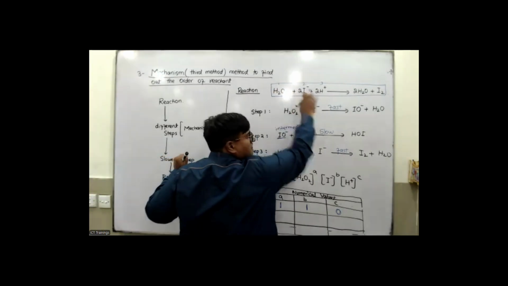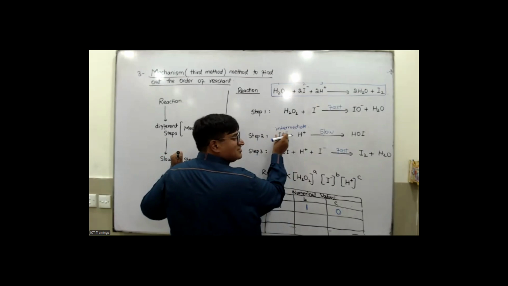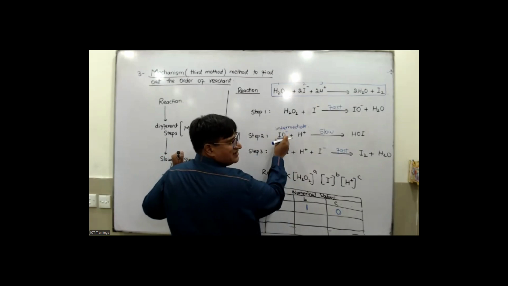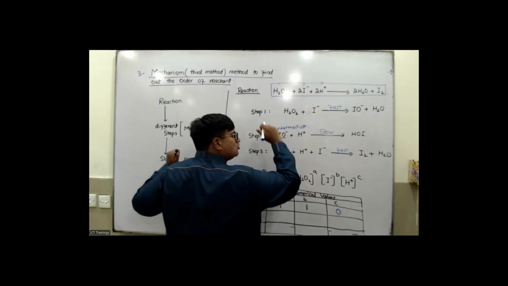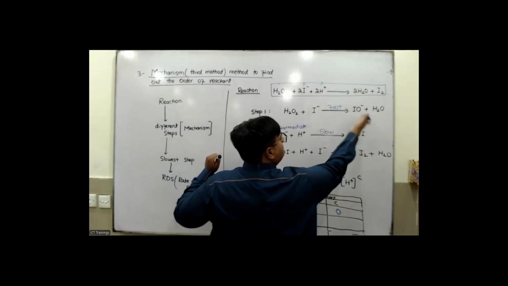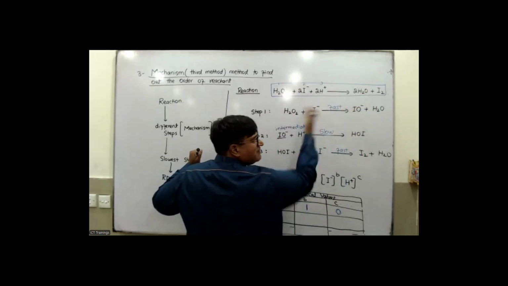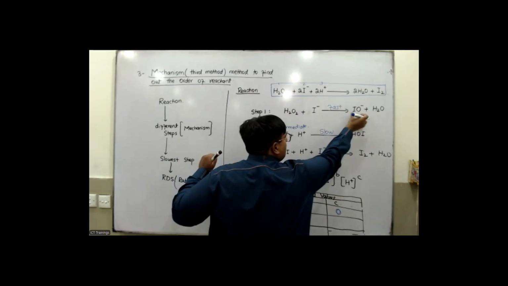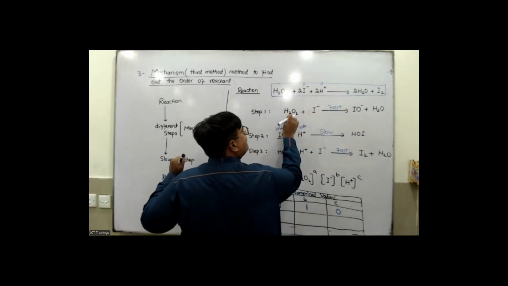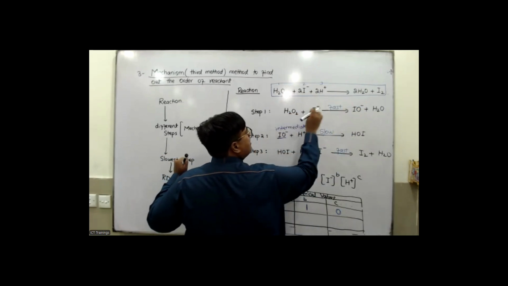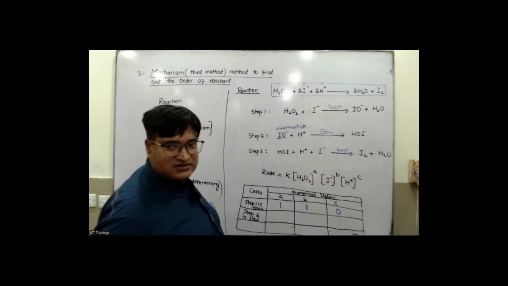This is not part of the reactants. So if such an intermediate is present, you have to look in the previous step to see from which reactants it is made up. So this IO minus is made up of 1 mole of H2O2 and 1 mole of I minus.